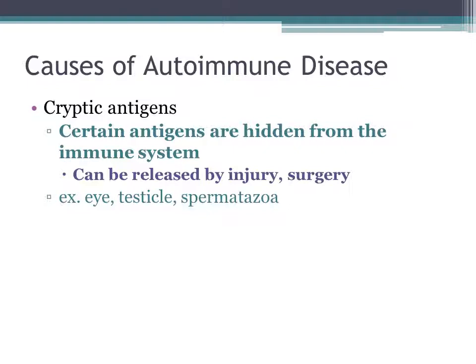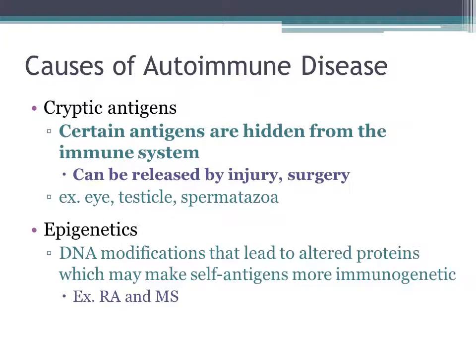So some examples are antigens within the eye. The testicles themselves contain cryptic antigens, and more specifically the spermatozoa. So surgery and injury can cause a release of these, and suddenly the immune system sees them and mounts an immune response.